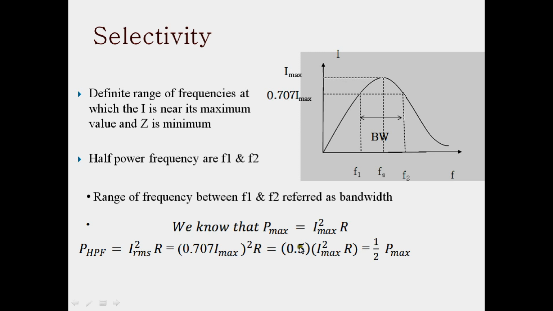So this is equal to 1 divided by 2 P max. That's why at F1 and F2 the half power is calculated, and that's why F1 and F2 are called half power frequencies.